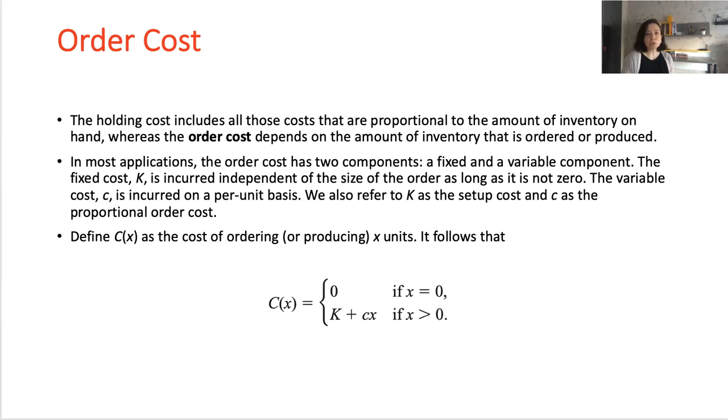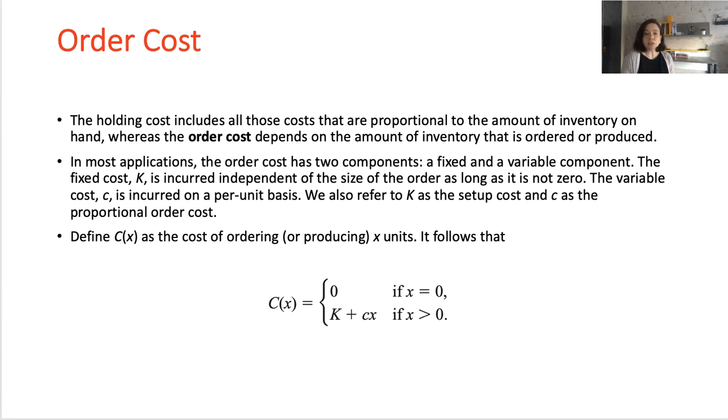The second cost in inventory control systems is the order cost. The holding cost that we discussed is proportional to the amount of inventory on hand, and the order cost depends on the amount of inventory that is ordered or produced. In most applications, the order cost has two components, a fixed and a variable component.